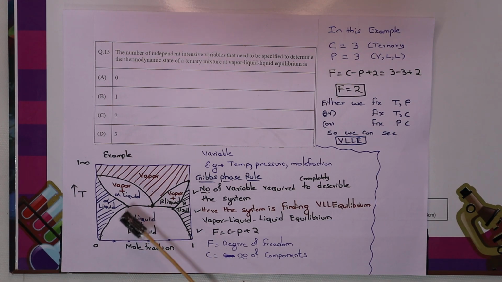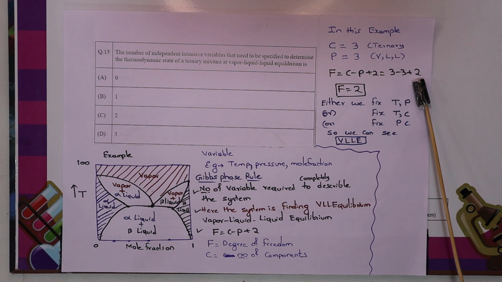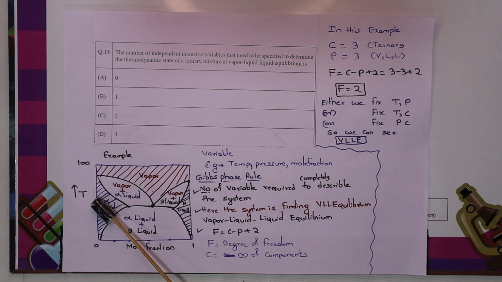So, it is an explanation using the graph. Now, the degrees of freedom you got is C minus P plus 2, which is equal to 2. That means you can specify this particular temperature and this particular mole fraction, so you can find this vapor liquid equilibrium point.